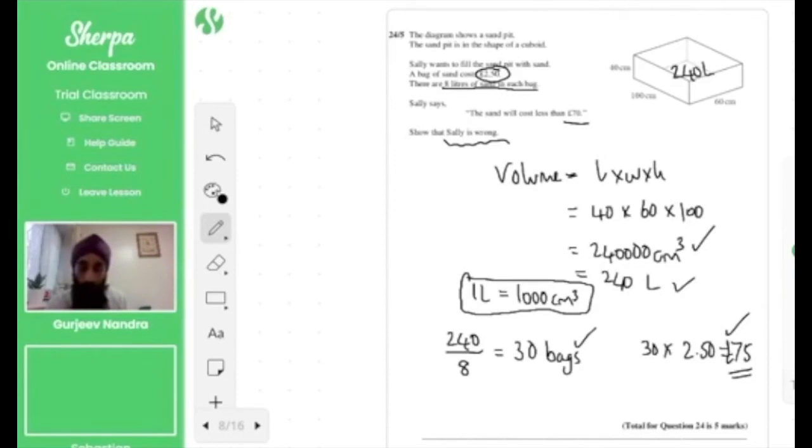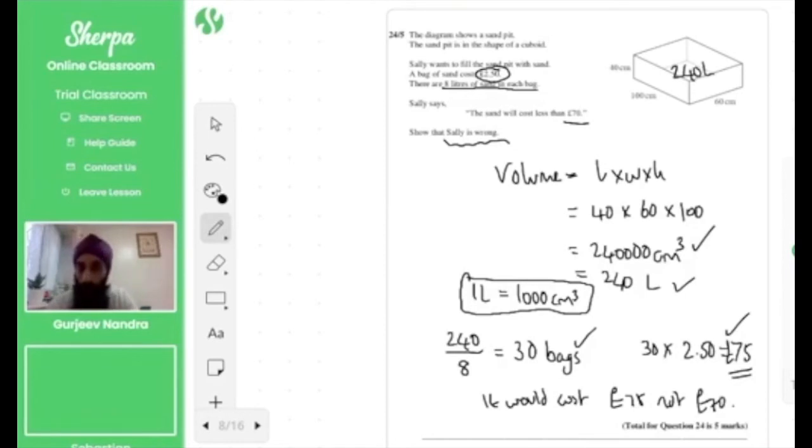So that fifth mark would come from a comment. Okay, so you just need to write something simple. It's not an English essay. You just need to write: it would cost £75, not £70. Okay, some sort of conclusion, just to show that you've got an understanding and you've been able to interpret your answer there.